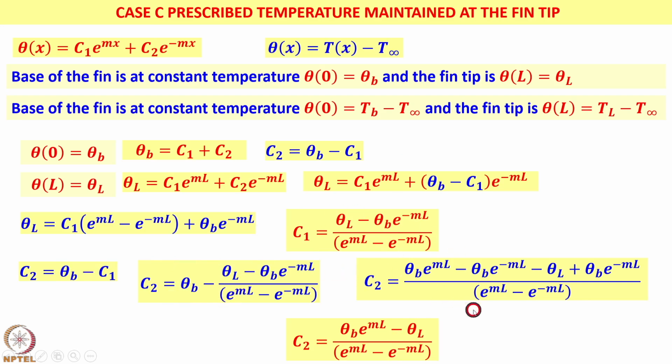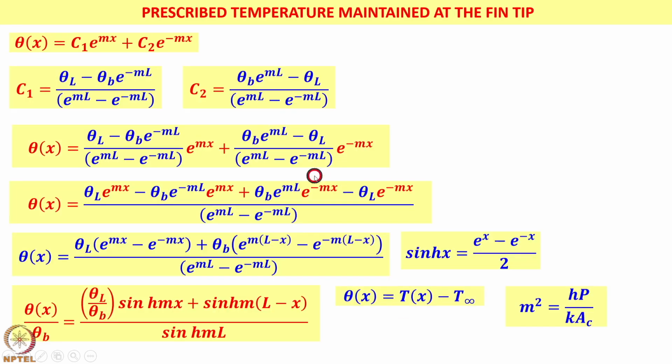If you substitute these and do the whole algebra, you end up getting theta x equal to theta b sinh(m(L minus x)) plus theta L sinh(mx), divided by sinh ml, where again m is equal to square root of hP by kAc.